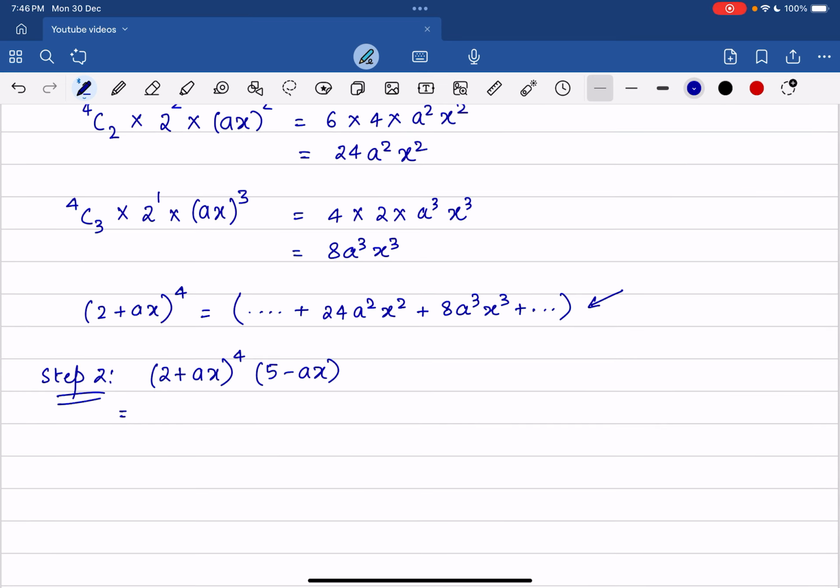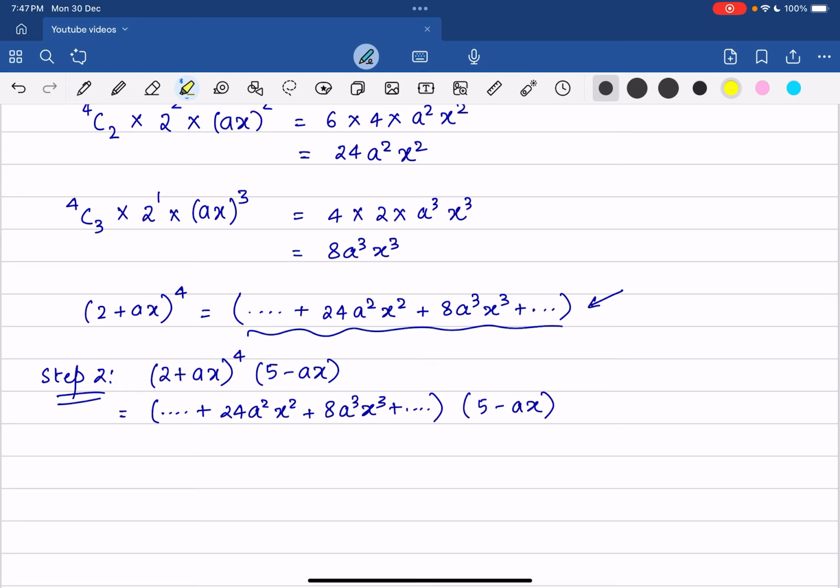For the first bracket, I'm going to replace it with this expansion: dot dot dot plus 24a²x² plus 8a³x³ plus dot dot dot, times (5 - ax). Now, as discussed earlier, when ax gets multiplied with x squared, it will turn into x cube.